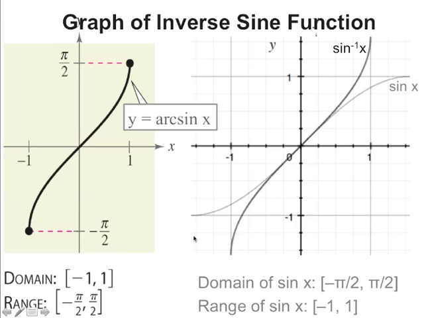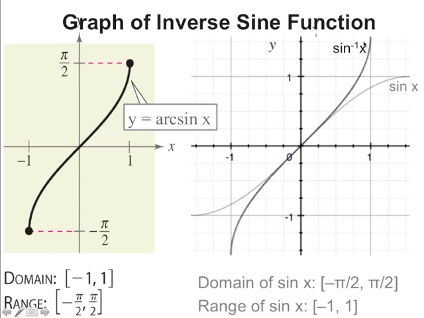It says the domain of sine x is negative pi over 2 to pi over 2. That's the restricted domain. And the range of that restricted function is -1 to 1, which happens to coincide with the range of the regular function.